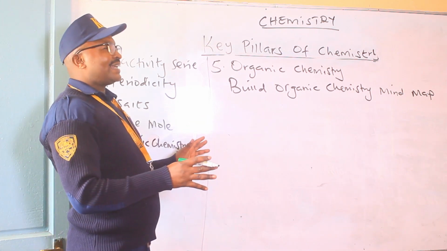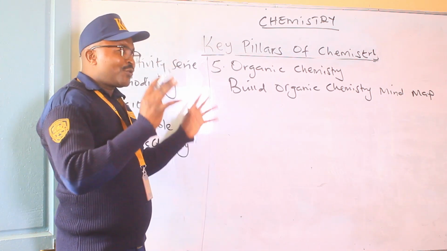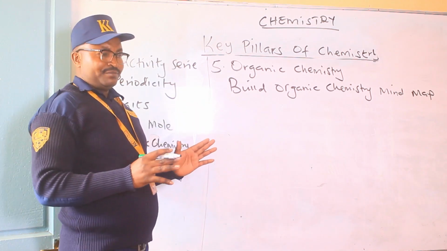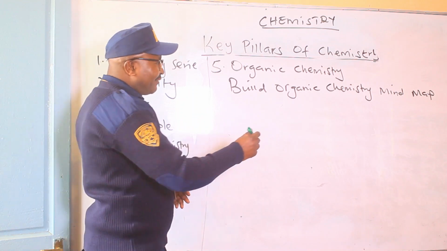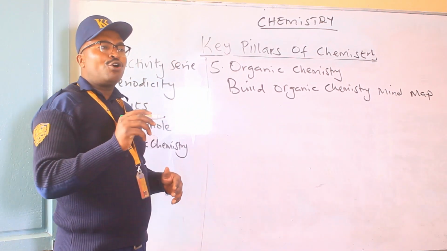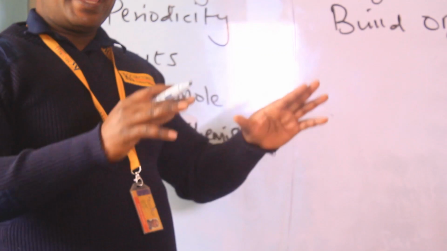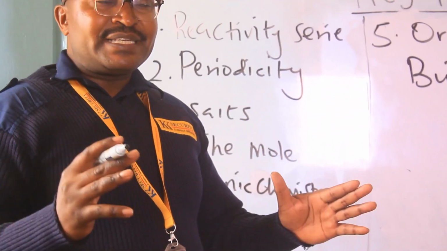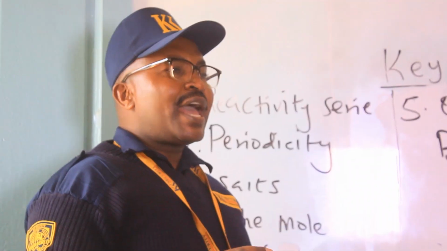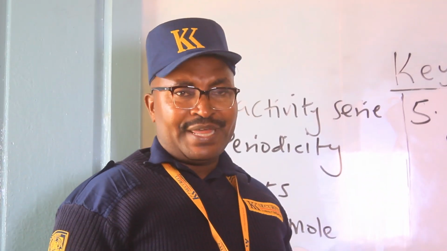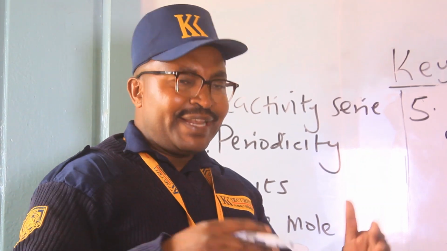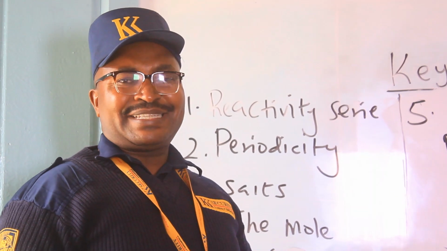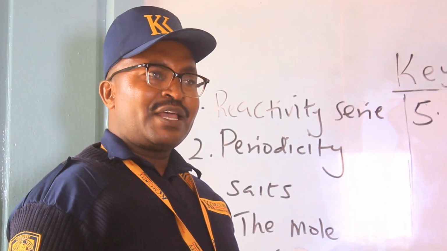Those are the areas where you need to understand those processes, so that when you sit down with a pen and paper, from a reference point, you can build an organic chemistry mind map, capturing all these 13 processes, where you include the conditions, if any, and the reagents that you are supposed to use in a certain process.